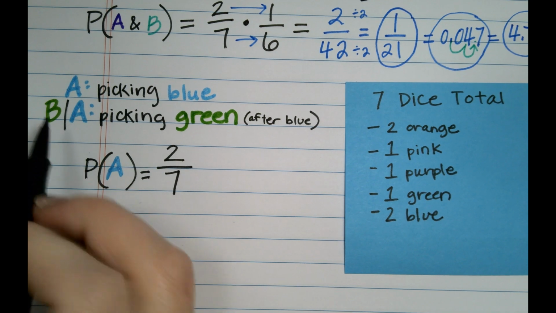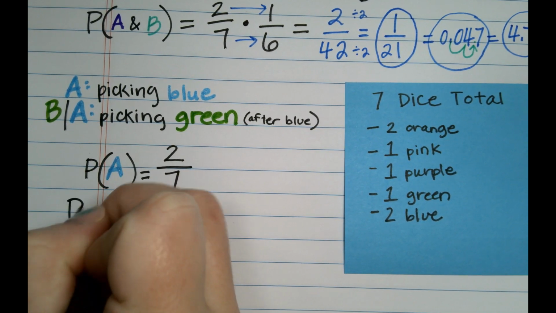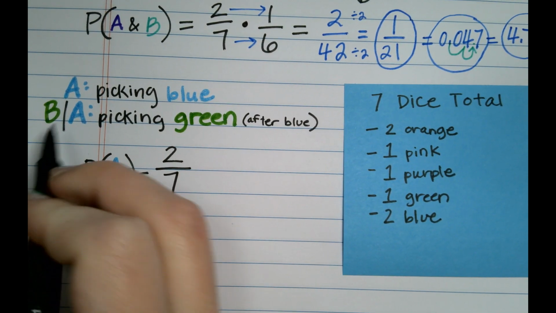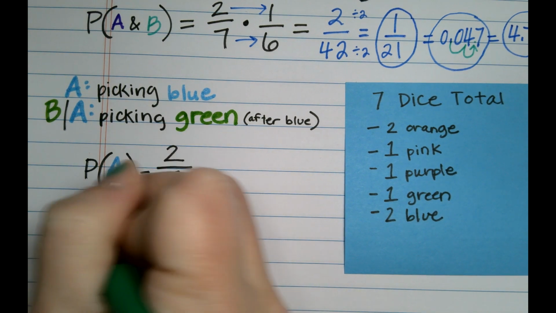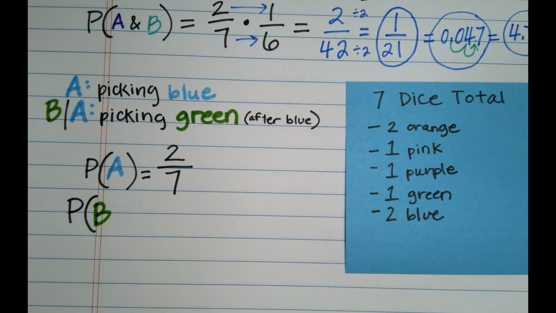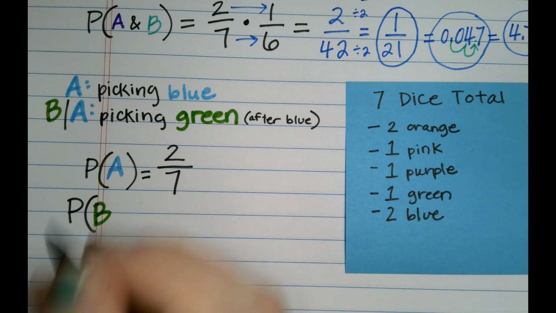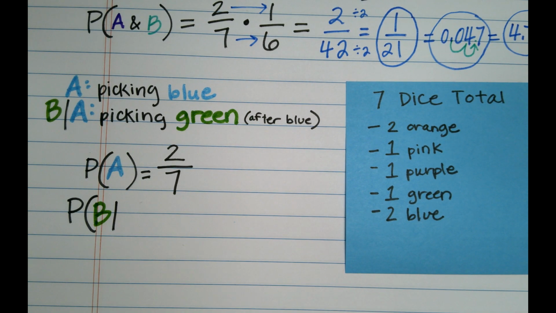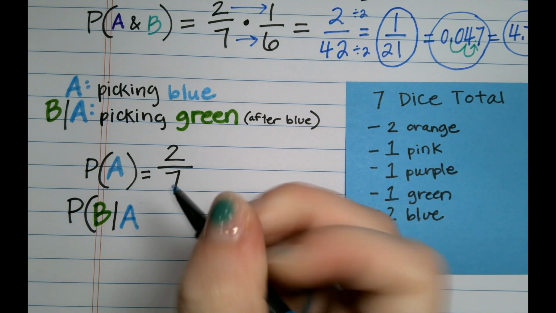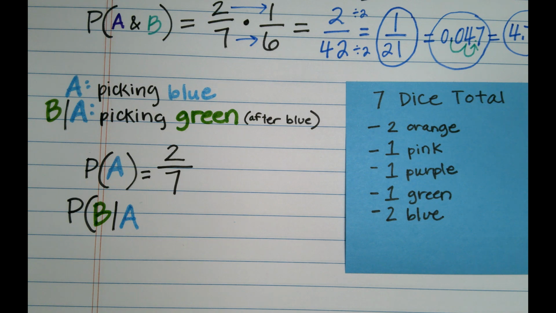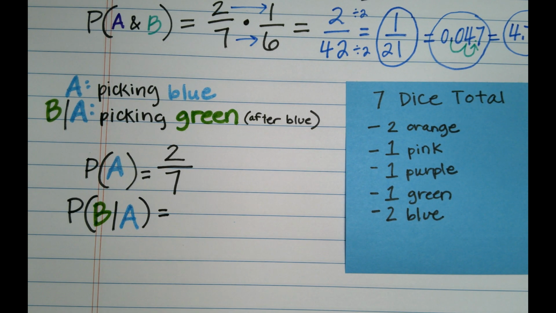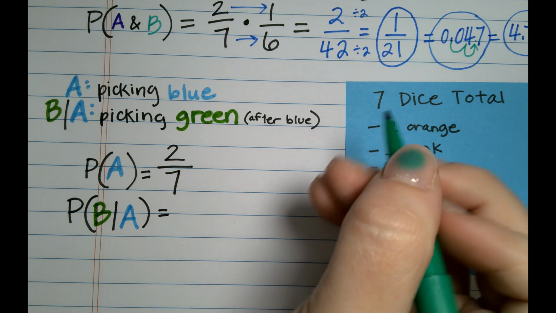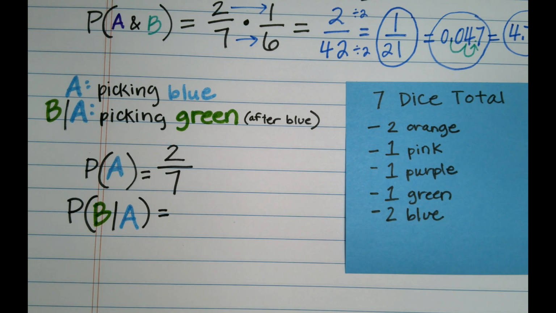Now we need to figure out the probability of event B happening given that A already occurred. So let's write this. Probability of B given A. How would I find this?